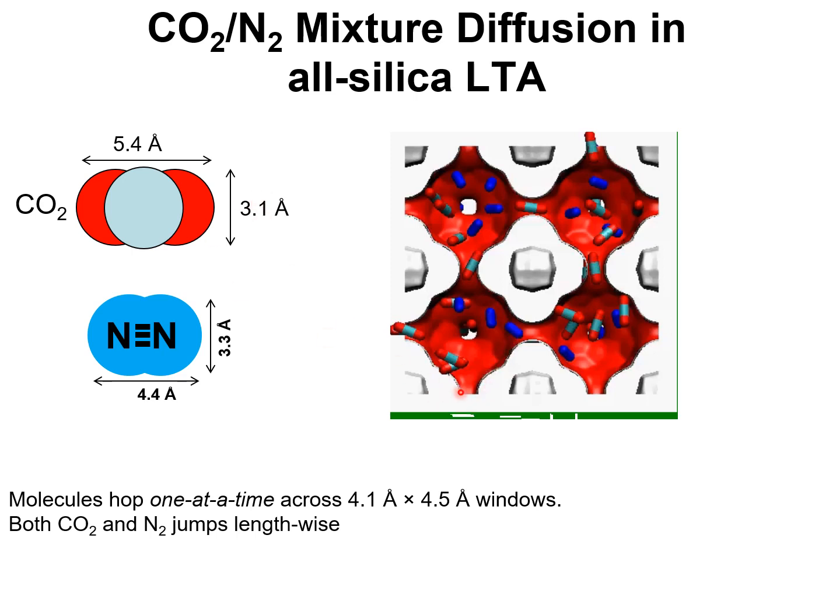This has the effect of increasing the selectivity of CO2 with respect to nitrogen, because nitrogen is being prevented from hopping across the windows due to the strongly adsorbed CO2 that prefers to occupy the window sites.